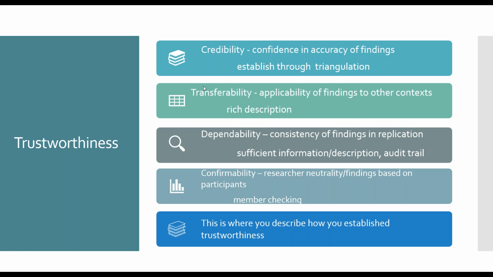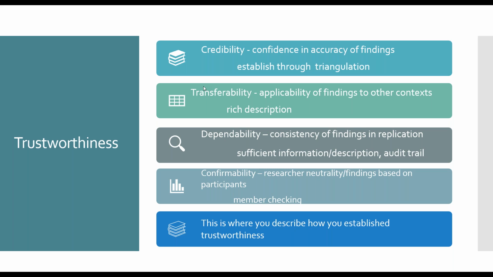And so again, here it's a little bit redundant, but also this is where you get to highlight what was different from what you proposed in your methods chapter. And so you want to touch on probably the 4 sort of cornerstones of trustworthiness. So credibility, transferability, dependability, and confirmability.